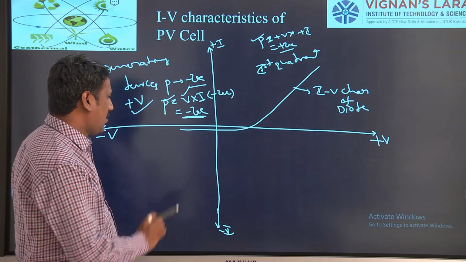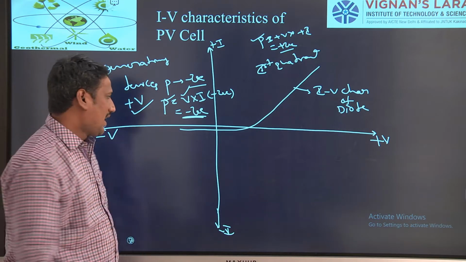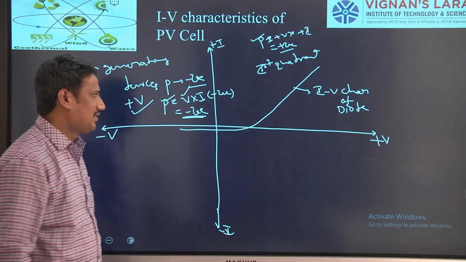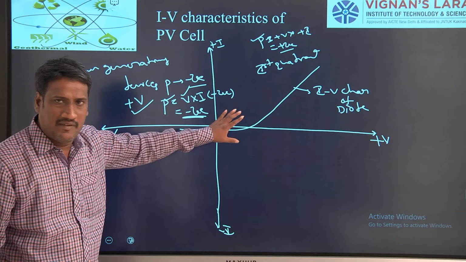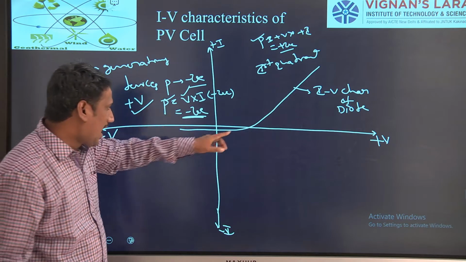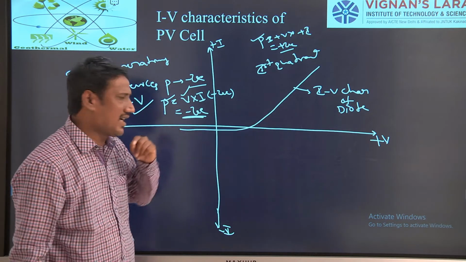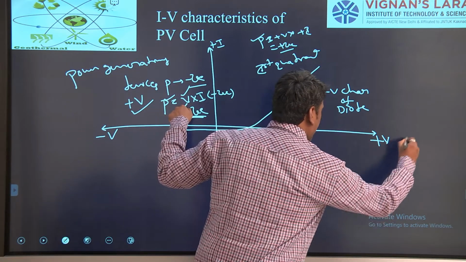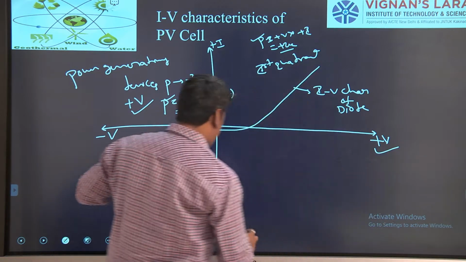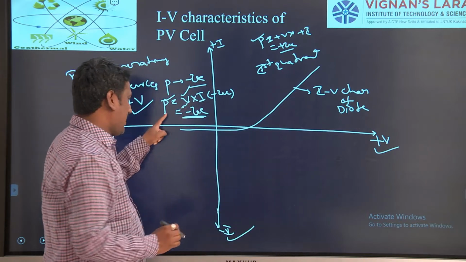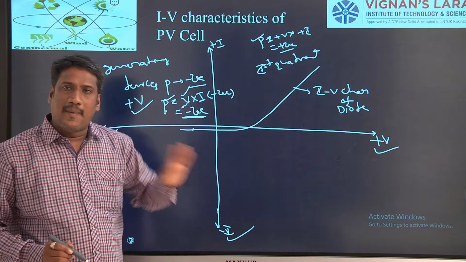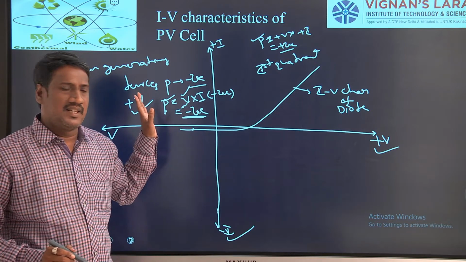Now if you see the characteristics I am drawing, I am drawing the characteristics of PV cell with the help of the characteristics of a diode. The operation of a diode will be in the first quadrant. If you observe, voltage is positive and current is negative. Then only P will be negative. So most of the operation of a PV cell will be in the fourth quadrant.